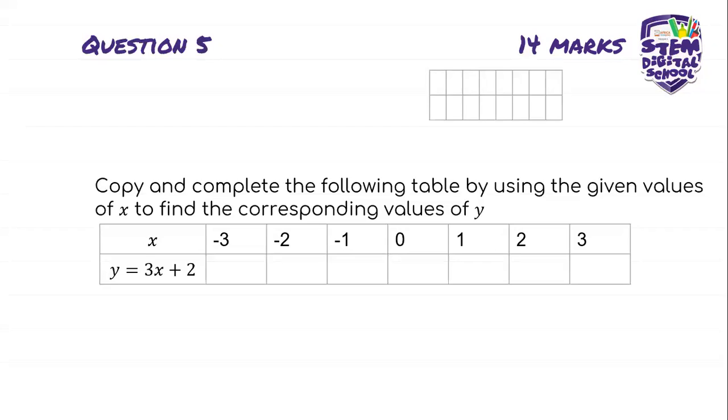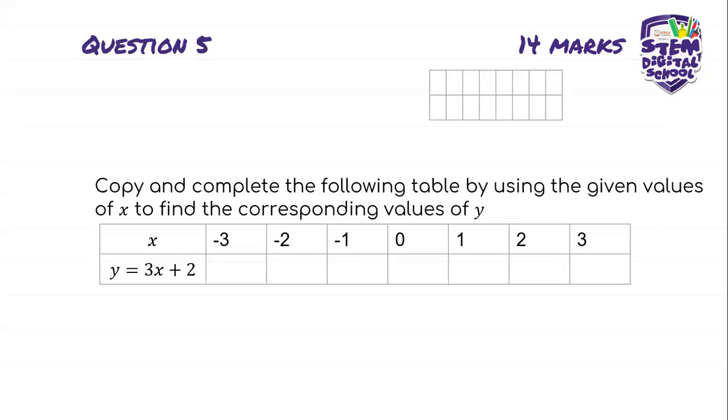And then you do the same with the second one there. y as well will be equal to 3. Remember that 3 is positive, and then you multiply that with a negative number, and then plus 2. And then 3 times negative 2 is negative 6. And negative 6 plus 2 is negative 4. So you'll have negative 4 in the second one.